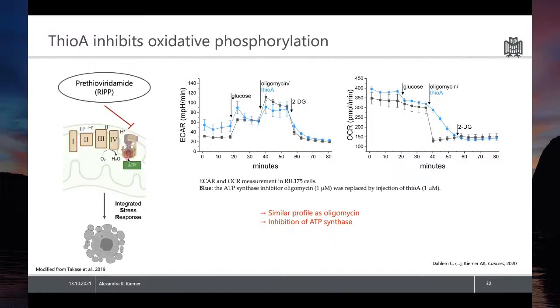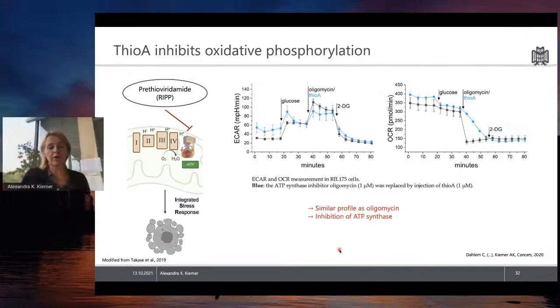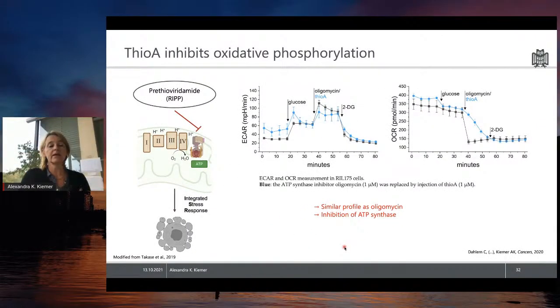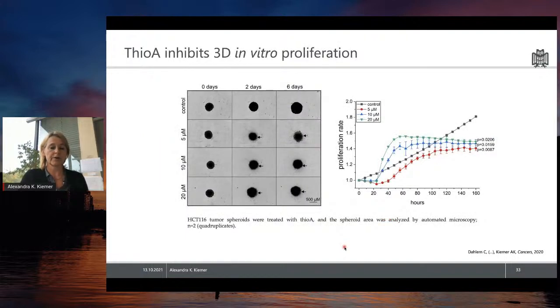This was further supported by the fact that a very similar compound, pre-thioviramid, did exactly the same thing. This was published by a different group. And so we think that this compound really inhibits ATP synthase, and by that affects the tumor cell metabolism.